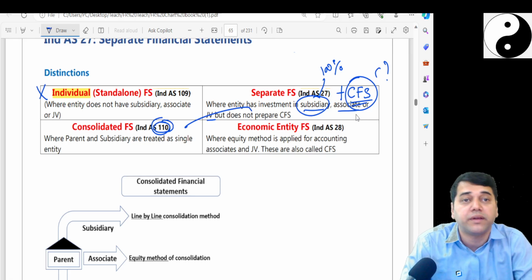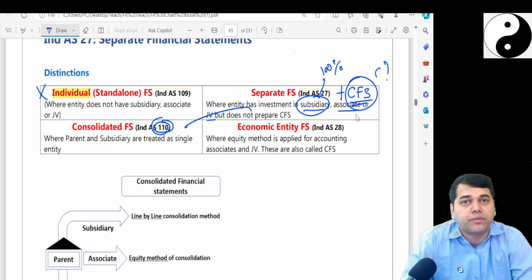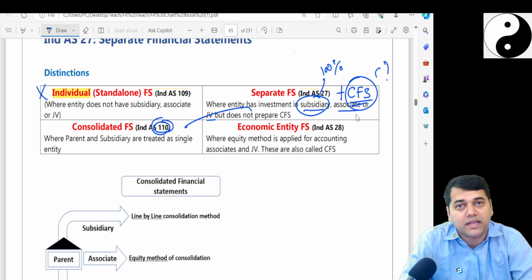Now who told me to prepare CFS? Ind AS? As a company, can I say no, I will not prepare CFS? Why? Which law has told? Schedule 3 has told. The Companies Act told.